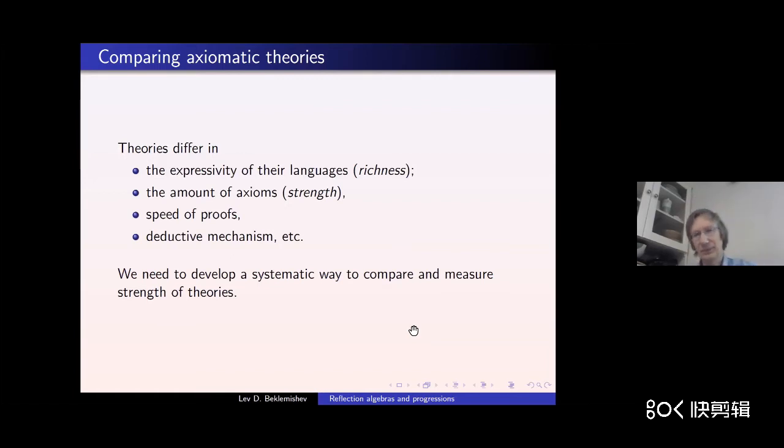So one such piece of information that people were interested in is, for example, so-called provably recursive functions, computable functions that can be proved to be total in a given system, and the closely related subject of explicit combinatorial independent principles that can be found or formulated for one or another system.